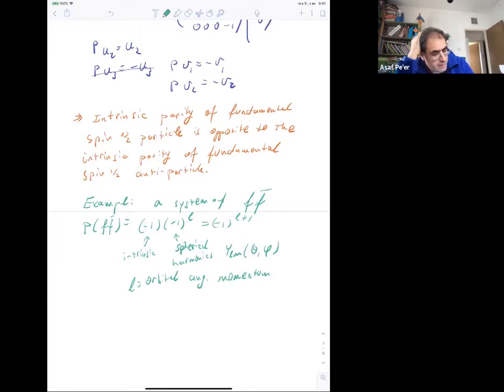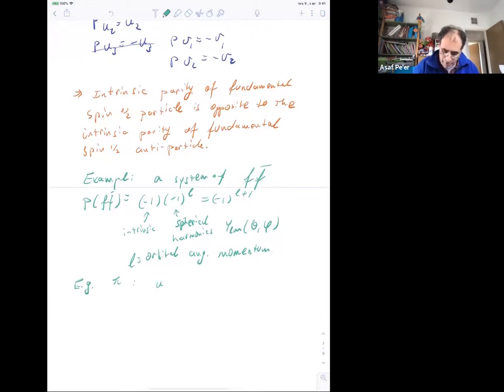So in the ground state, for example, if you look at pions, there are bound states of u d bar or d u bar, etc. Being in the ground state, then they have L equal to 0.